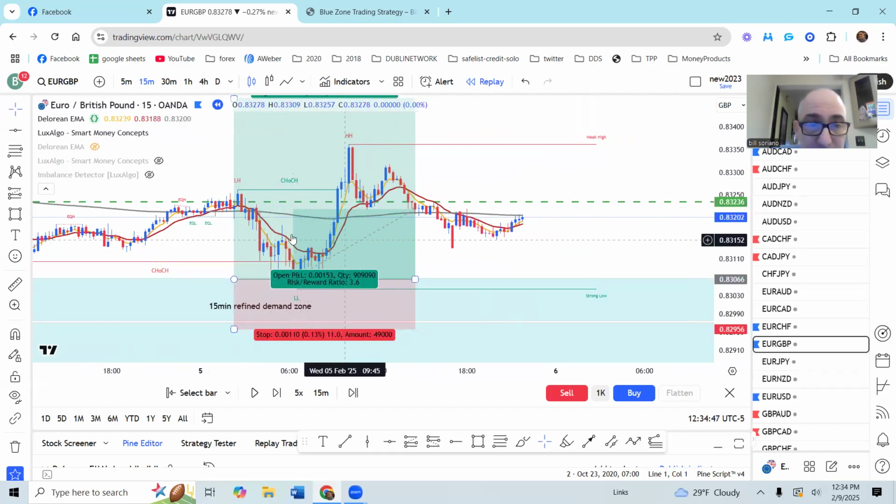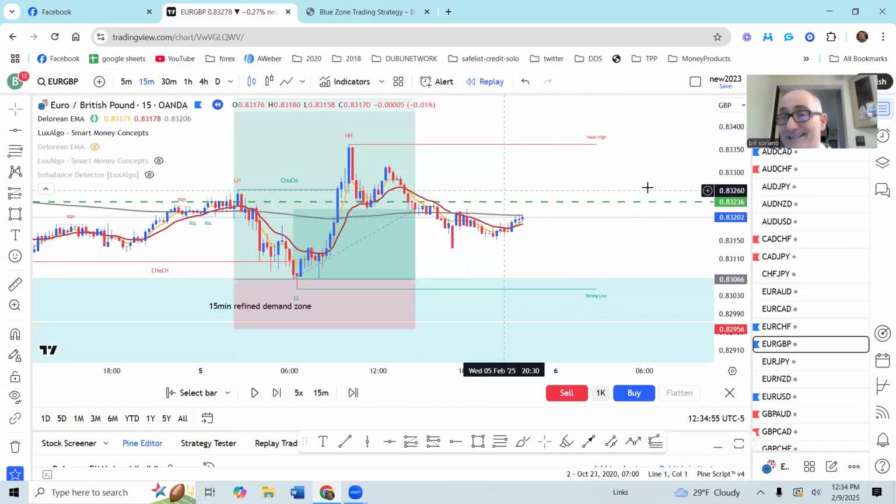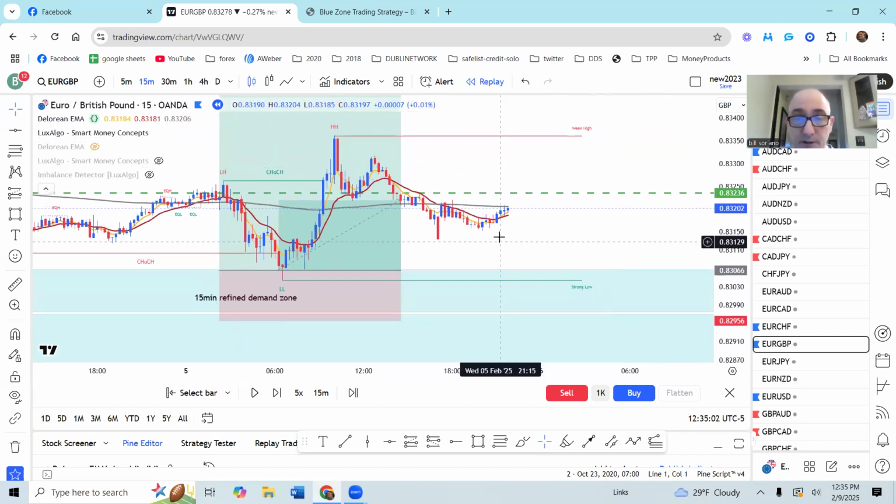There's no imbalance, so there's no place you can really get into a trade there. Okay, so you would have to wait for another break of structure to the upside and maybe look for a continuation trade, right? Or, if price would just decide to move down, take out these lows, then we would lose that trade, but just 1%. And we would then look for a supply zone instead of a demand zone to sell from.